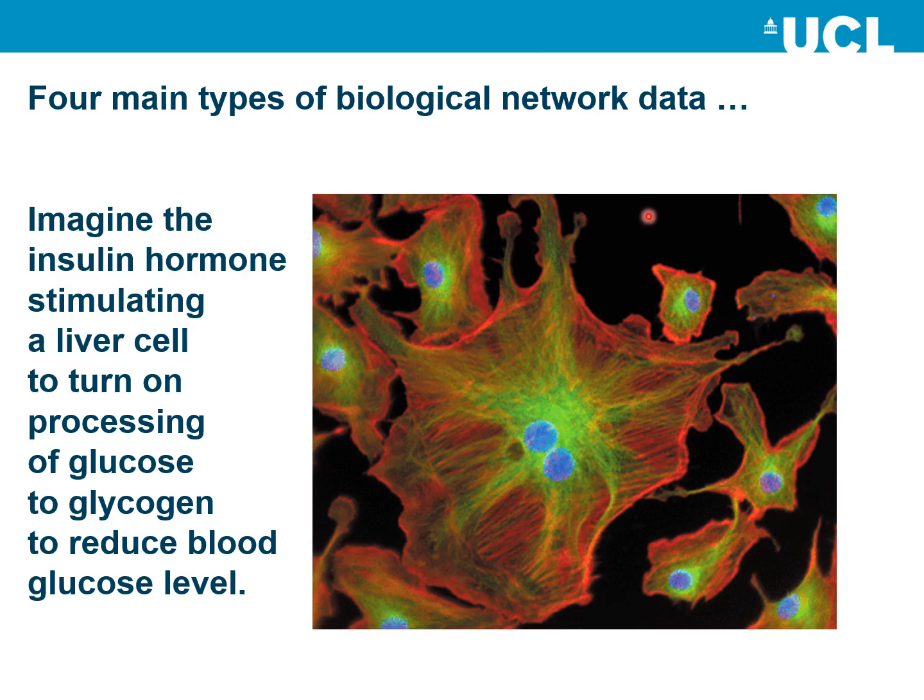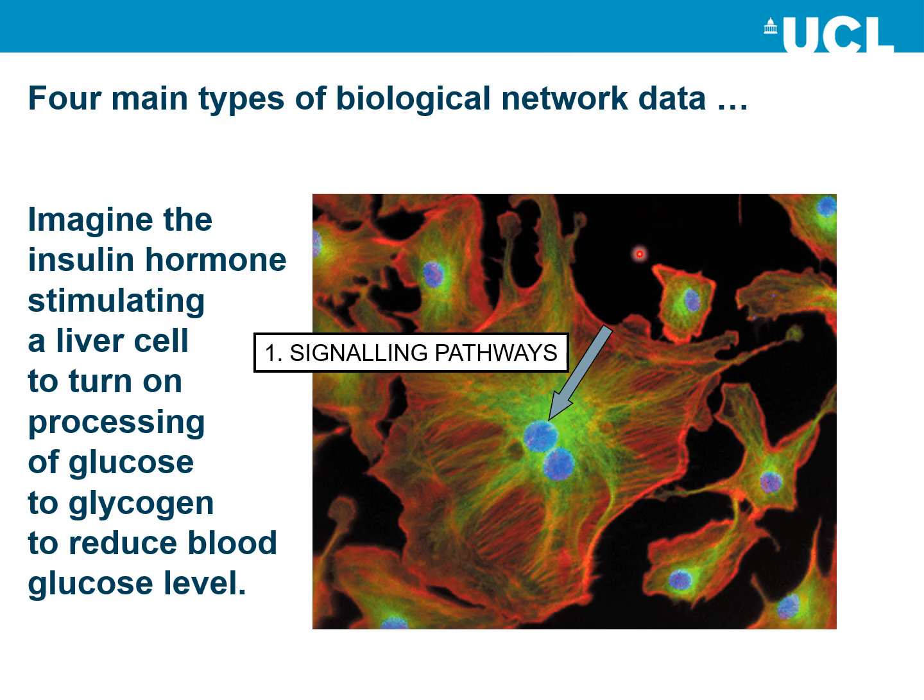Well, the insulin comes along and binds to an insulin receptor on the cell surface. This causes a signaling pathway cascade, so phosphorylation of particular proteins causing the phosphorylation of other proteins and other processes, and this takes the signal that insulin is bound all the way down to the nucleus.